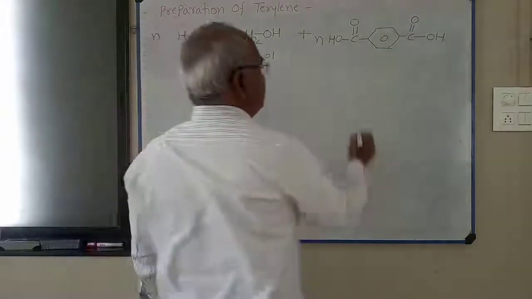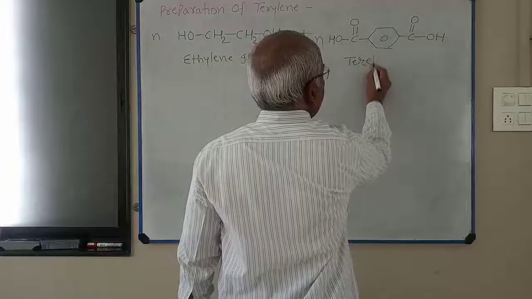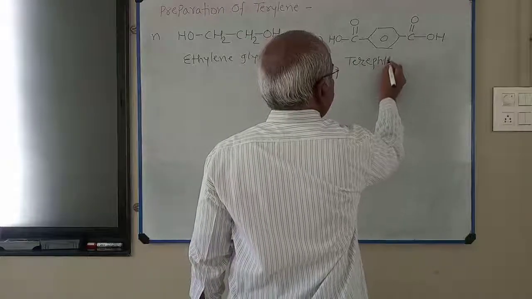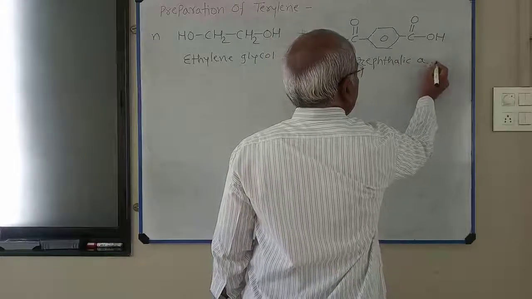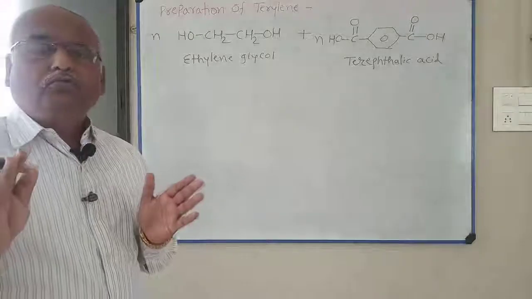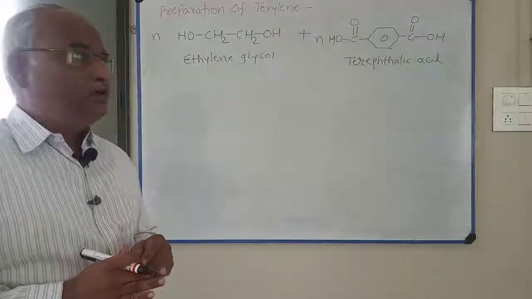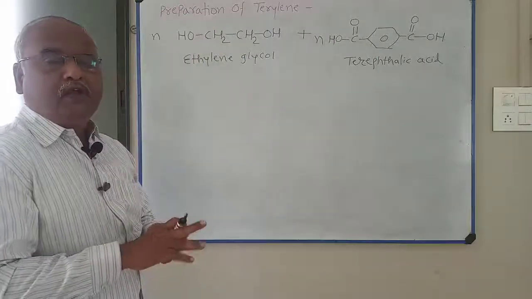The name of the compound is terephthalic acid. So these are the two monomers used in the preparation of terylene.